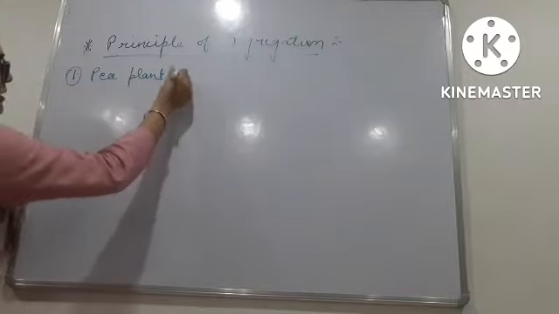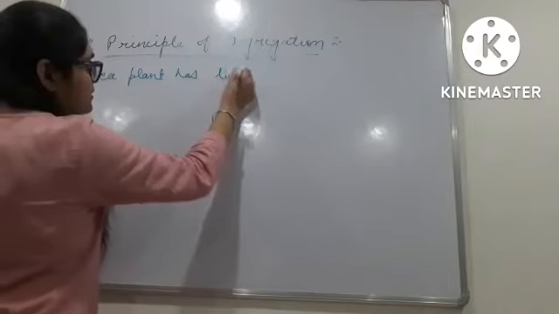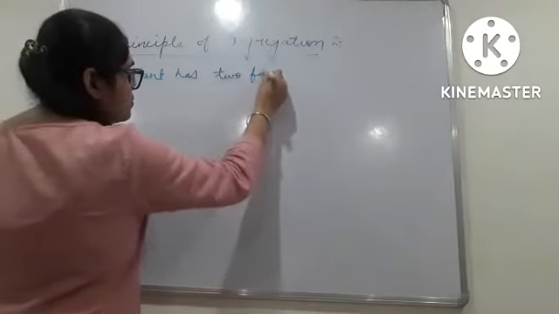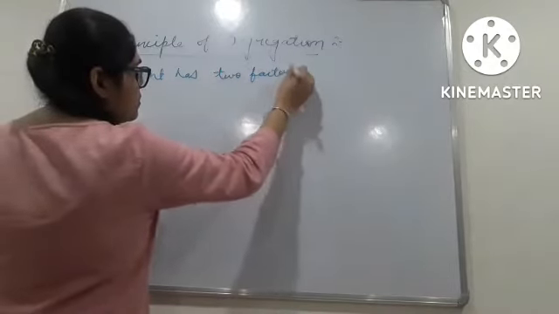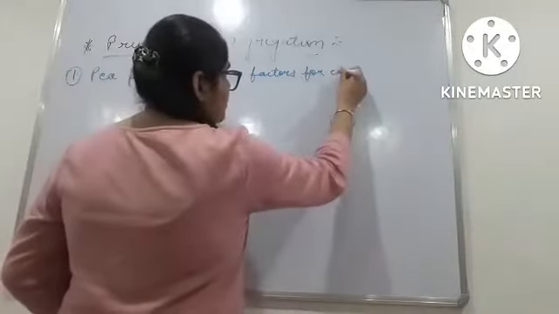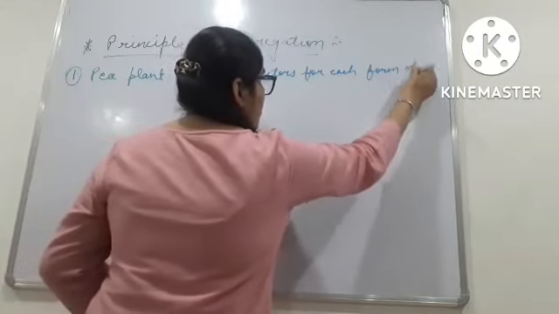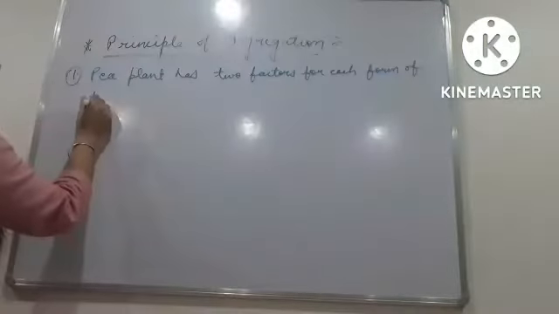a pea plant has two factors for each form of trait.